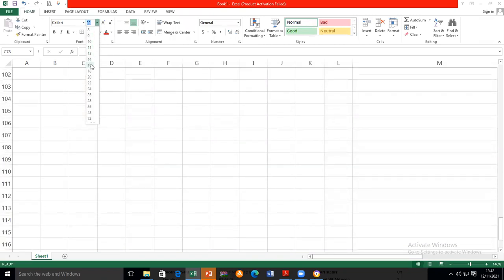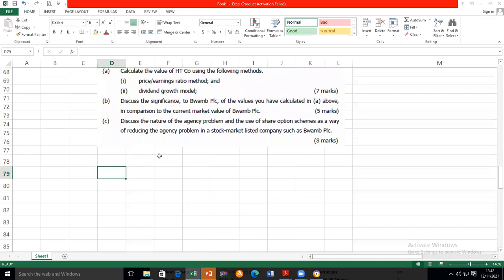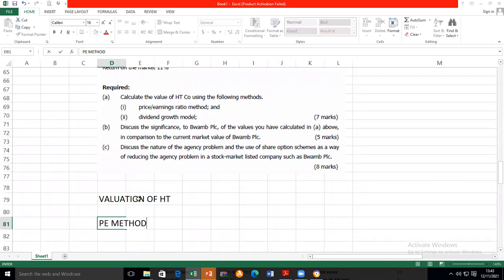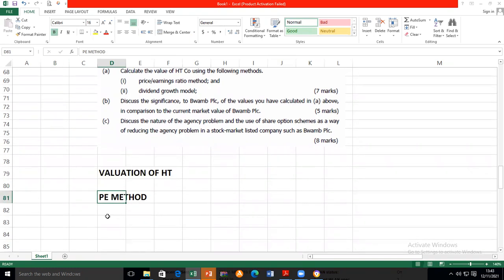Let's go. Valuation of HT, PE method. Using the PE method, the value of equity equals PE multiplied by PAT.